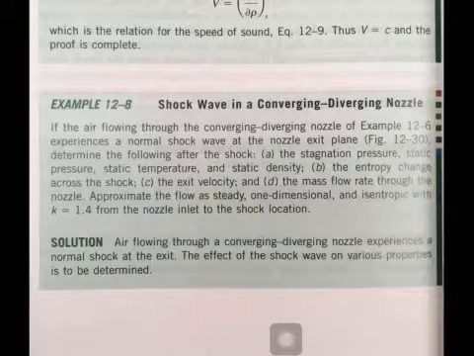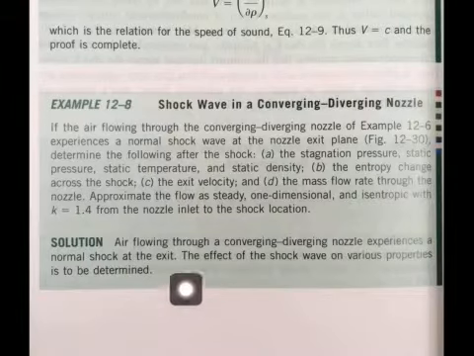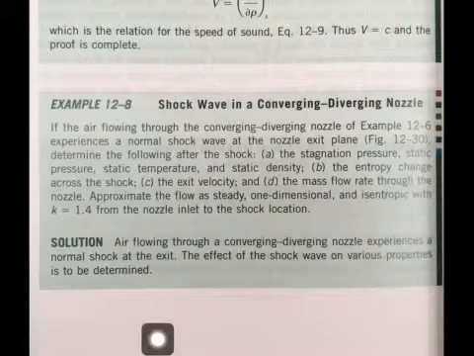So determine the following after the shock. A, the stagnation pressure, static temperature, static density. B, the entropy change across the shock. C, the exit velocity. D, the mass flow rate through the nozzle. We use the constant k equal to 1.4. So what is in figure 12.30?